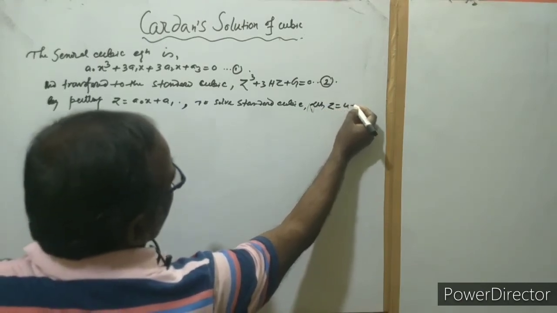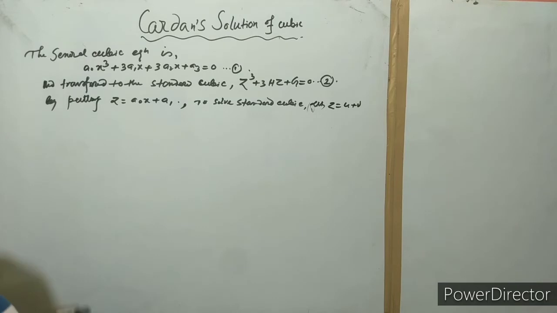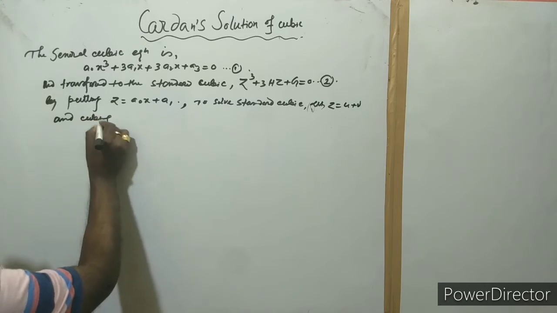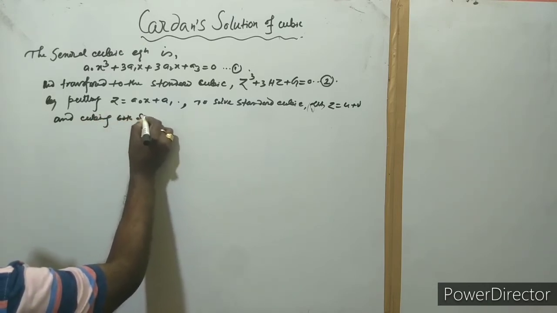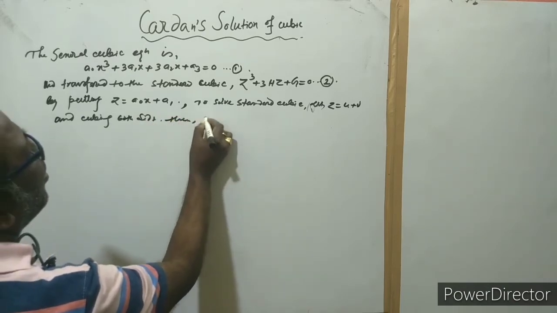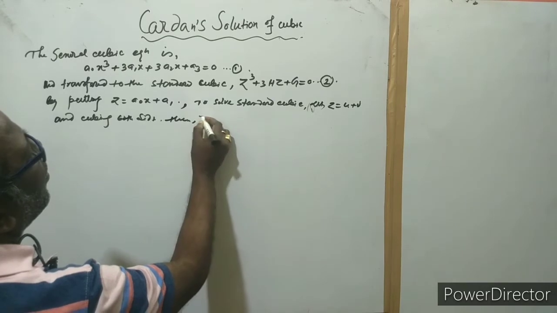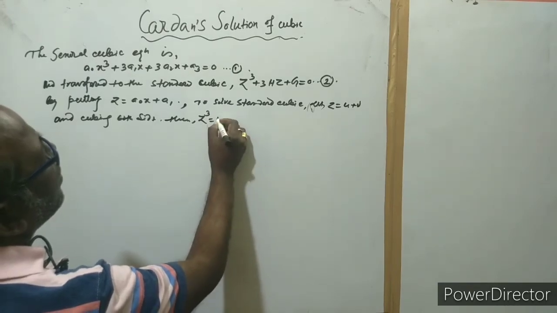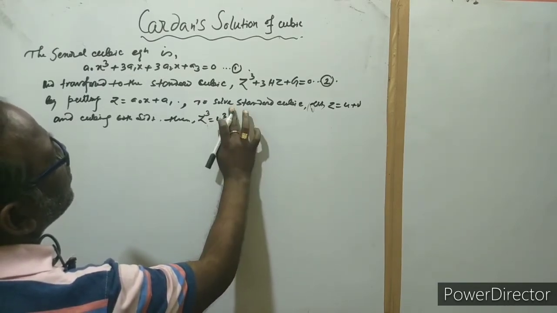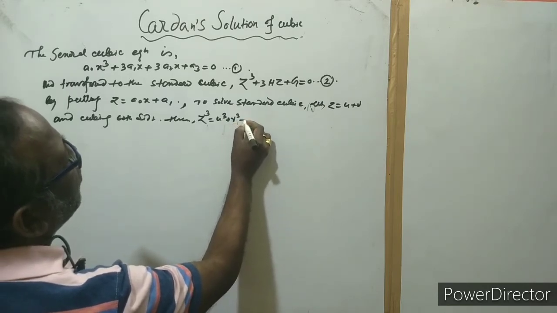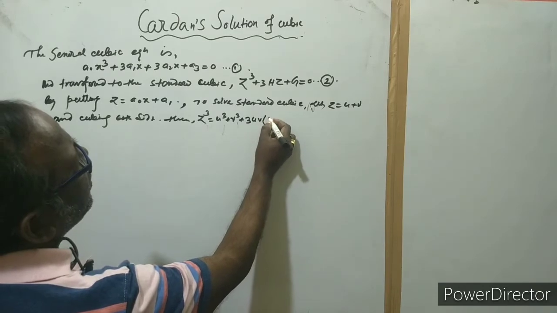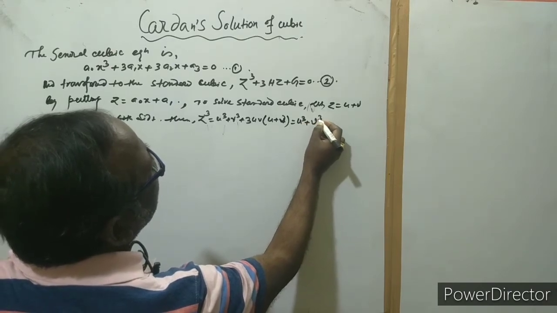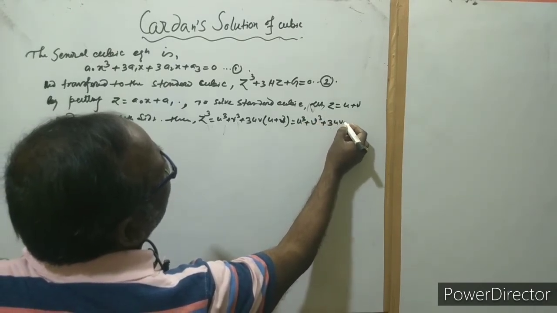let z be equal to u plus v, and cubing both sides, then z cube is equal to u cube plus v cube plus 3uv, and within the bracket u plus v, which is z.